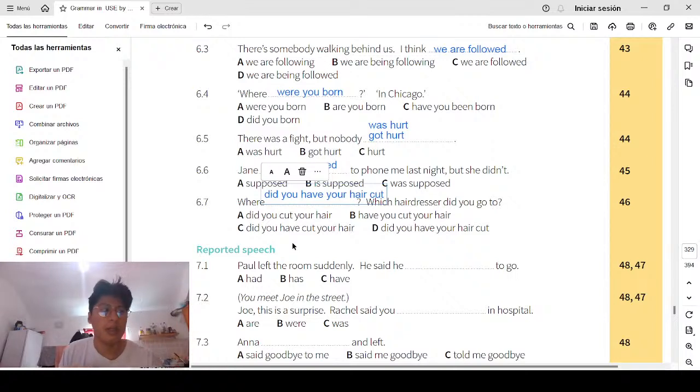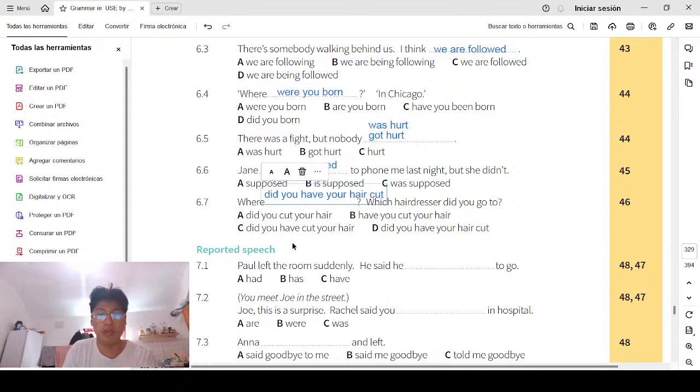For example, if you hire a gardener to cut the grass in your yard, right? So basically, you are paying someone to do something for you. That's why I say, where did you have your hair cut? We're talking about something being done.